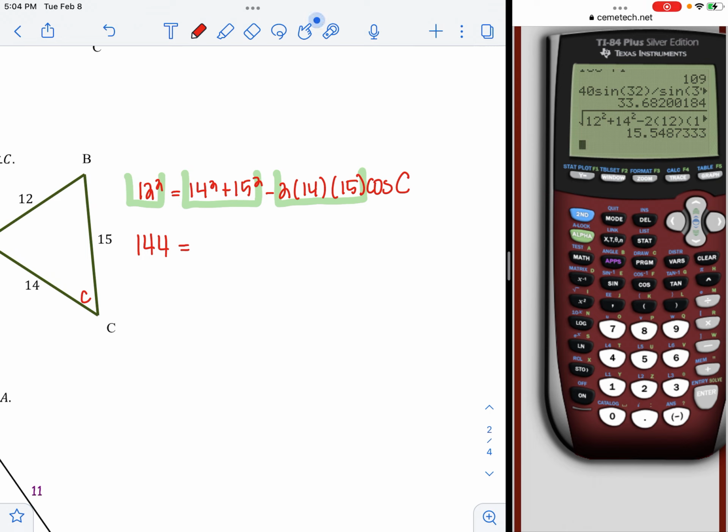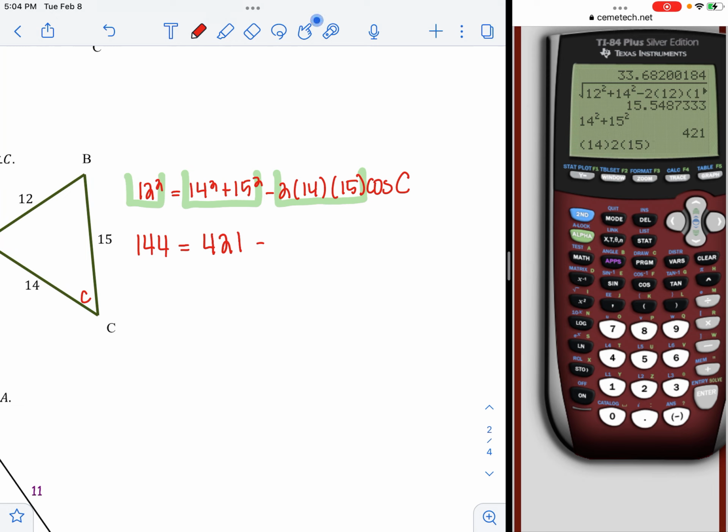I don't want to know what 14 squared is. I don't want to know what 15 squared is. I want to know what 14 squared plus 15 squared is, and I'm going to write that down. So that's 421, and then I have minus. I don't want to know what 2 times 14 is. I want to know what 2 times 14 times 15 is. I forgot my 2, so let's put that in there. Times 15.